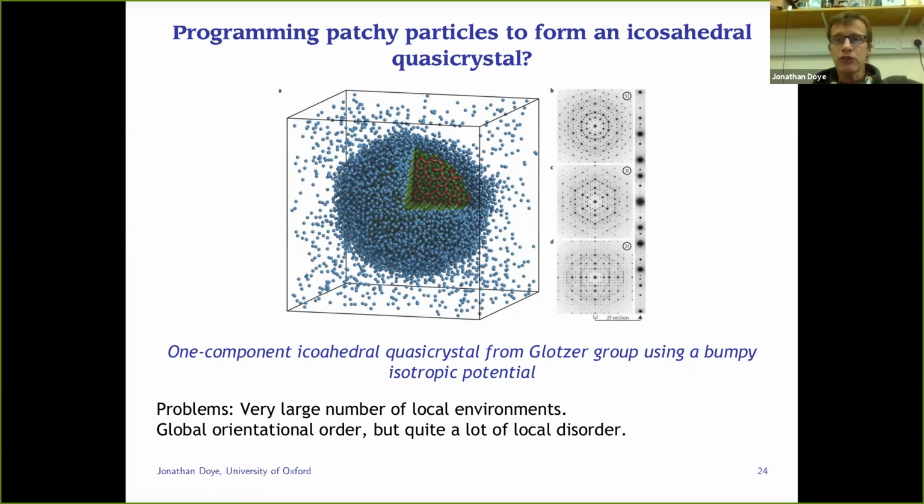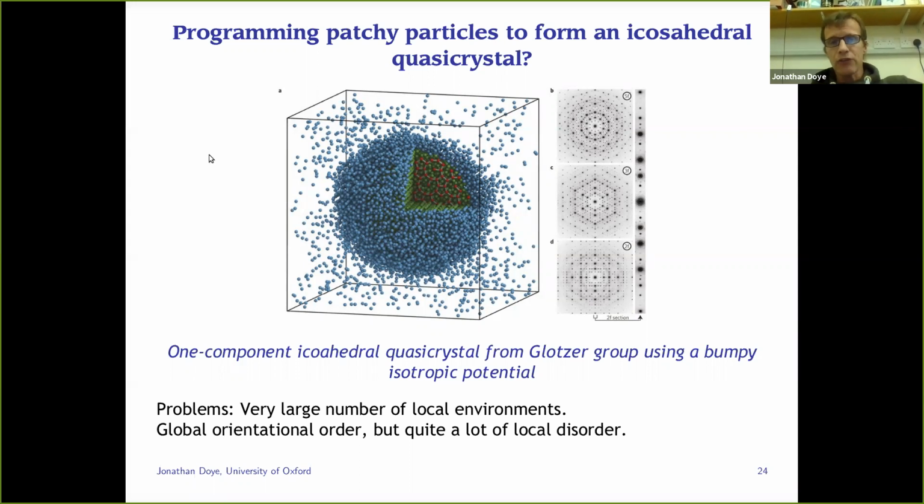And in those systems, you can show that if you basically have two length scales in your potential or its Fourier transform, and the ratio of these two length scales is the golden mean, then you can favor an icosahedral quasicrystal.